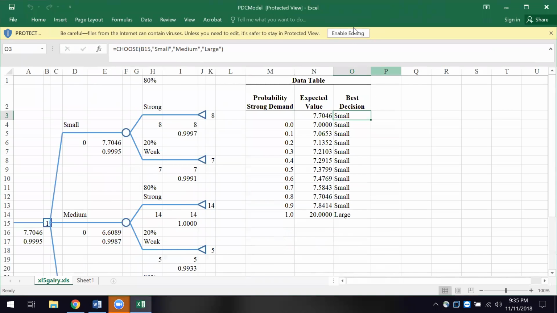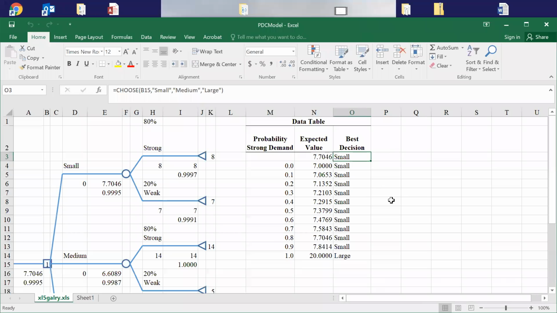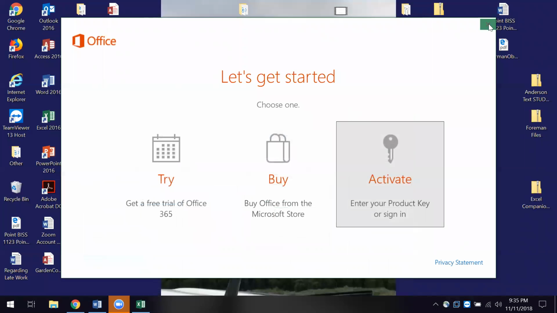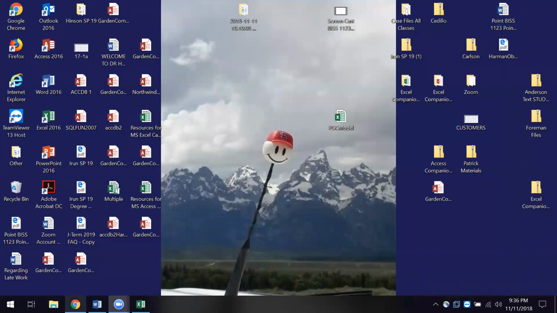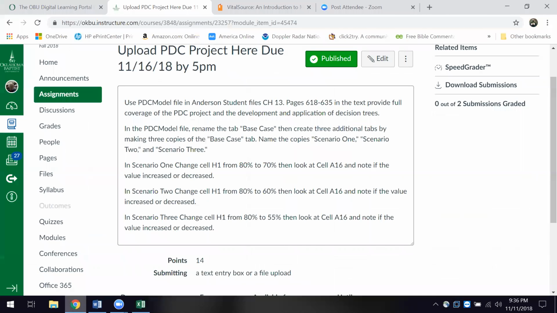The PDC model is a decision-making model. And the textbook, and this is from chapter 13 files, chapter 13.